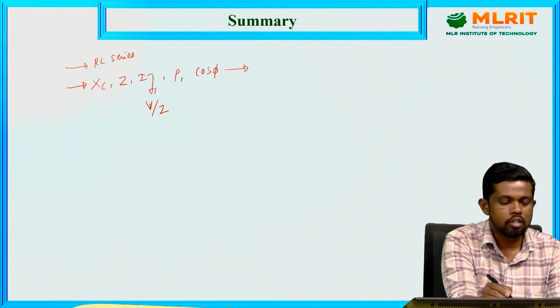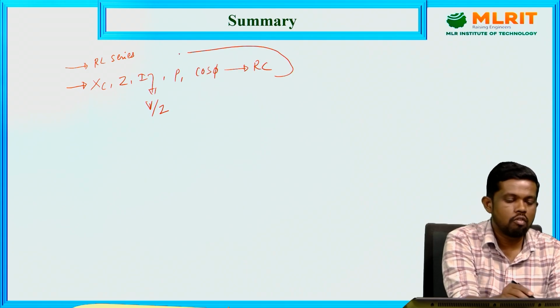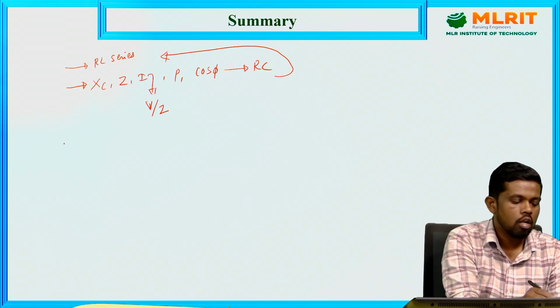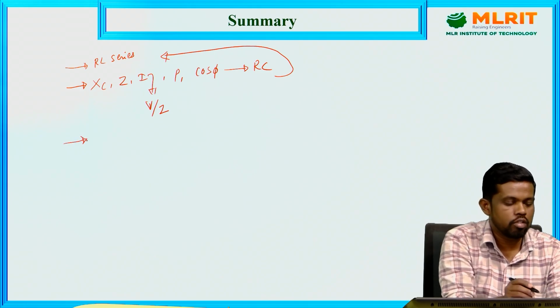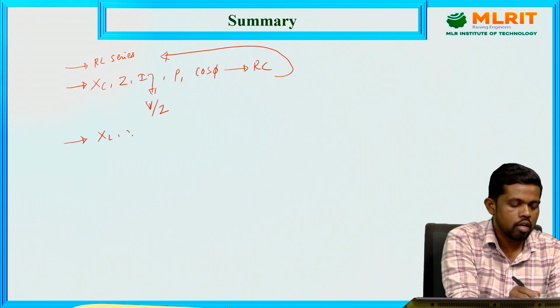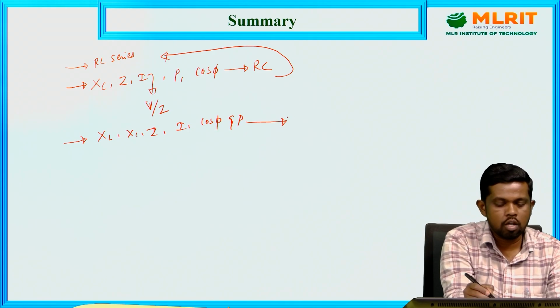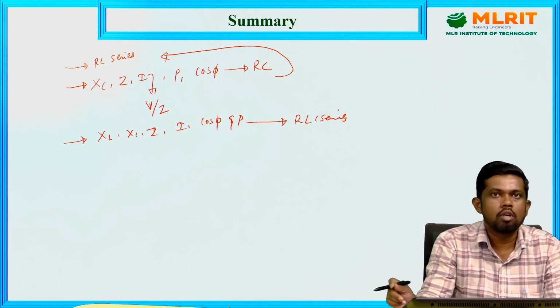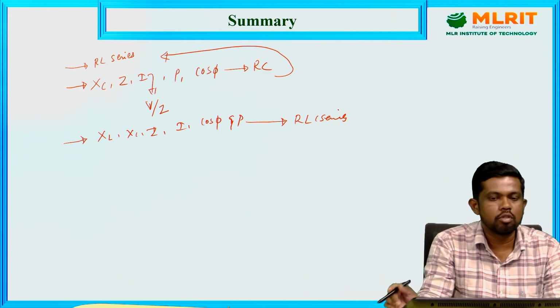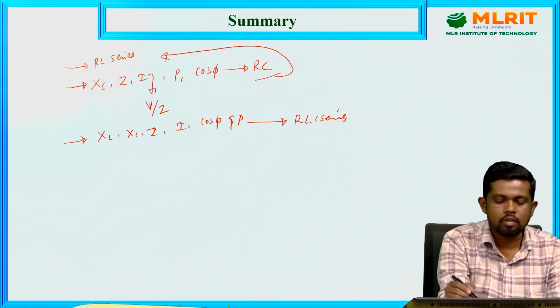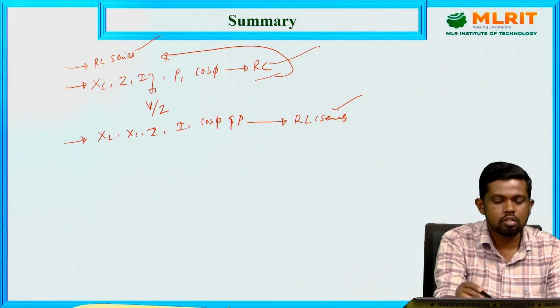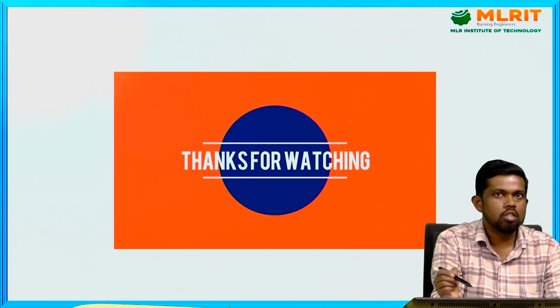The same parameters were discussed in the RL series circuit, and for the RLC series circuit we determined the XL value, XC value, impedance, current, power factor, and active power taken by the network. So we have covered problems based on the RL, RC, as well as RLC series circuits. This is the end of the session.